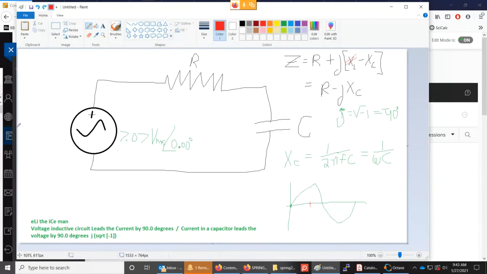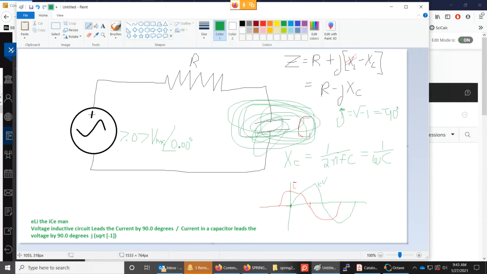But in a capacitive circuit, the current is ahead. So that means the current is already at maximum here. And then it's going down, okay? And so for a capacitive circuit, the current I is ahead of the voltage by 90 degrees in the capacitor.